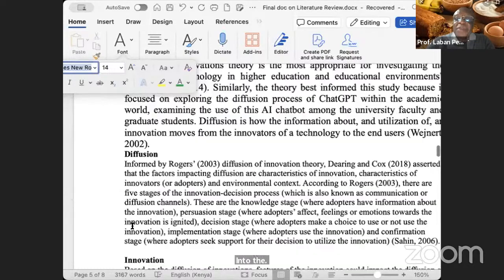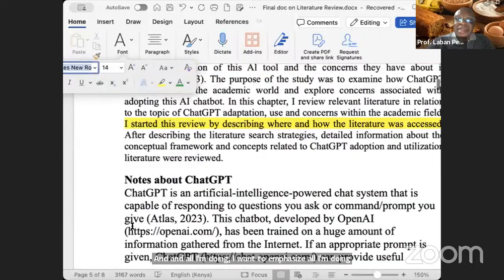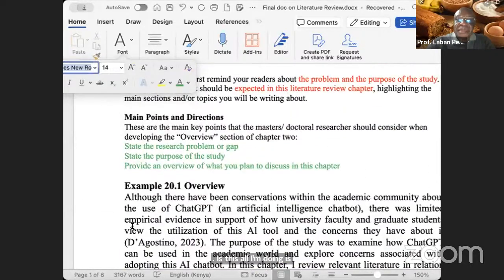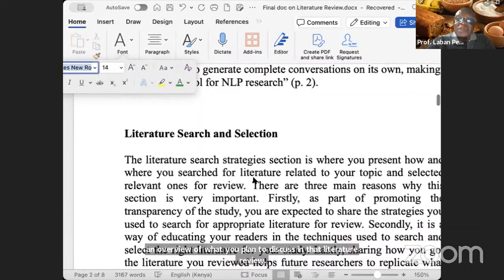And all I'm doing, I want to emphasize, is this: state the research problem, state the purpose, provide an overview of what you plan to discuss in that literature review. So that's all I'm doing.